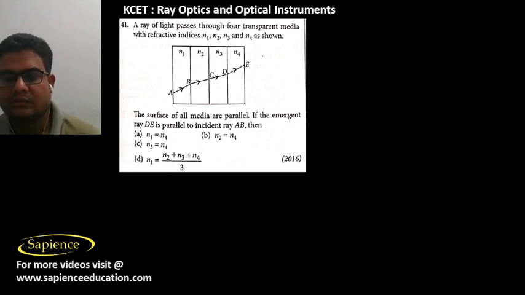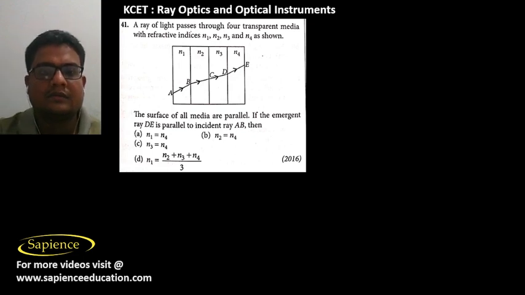Then in question number 41, it's told that a ray of light passes through 4 transparent media with refractive indices n1, n2, n3, and n4 as shown.